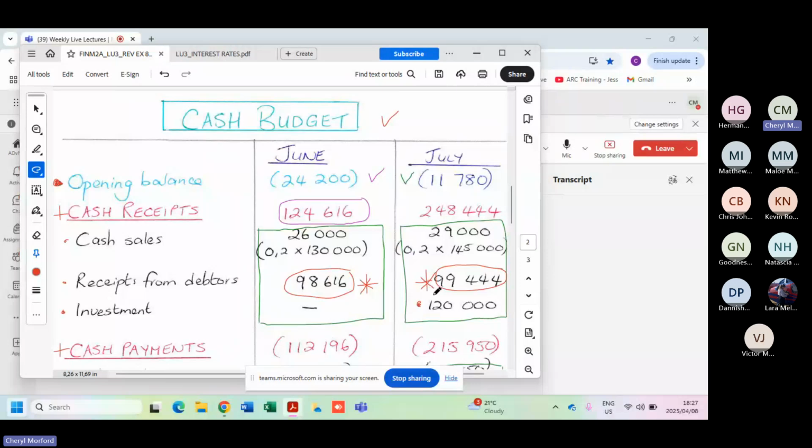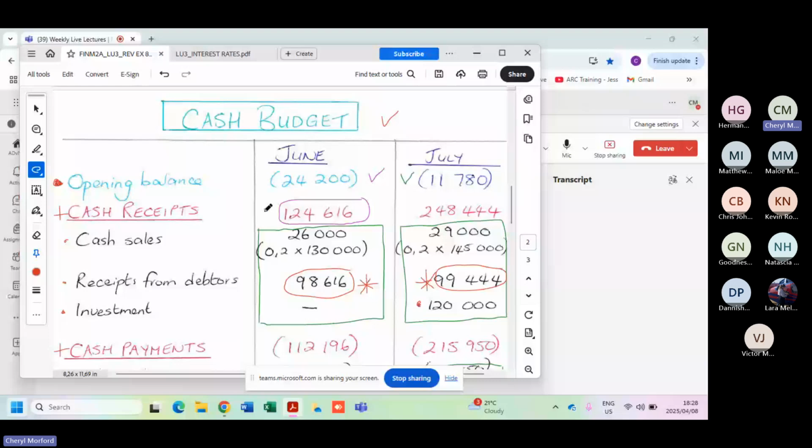Do shout if there's any panic or confusion. Are we all right? Let's hope so. So now we're going to take those amounts like I explained. The cash sale, the receipts from debtors for June, add them and pop them at the top here, the 124.